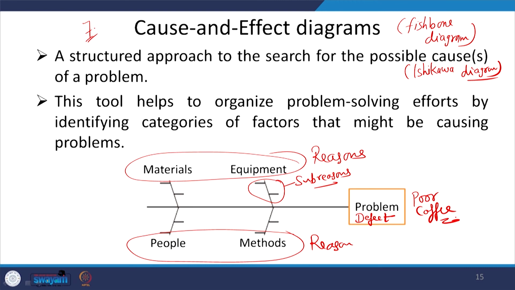So, different types of issues can be handled once you know what are the various causes of this particular problem. So, we need to do a lot of brainstorming for developing various causes. So, in organizations we do a lot of problem solving with the help of this cause and effect diagram, and nowadays the use of cause and effect diagram is not limited to quality control, you can use it for a variety of other problem areas also.